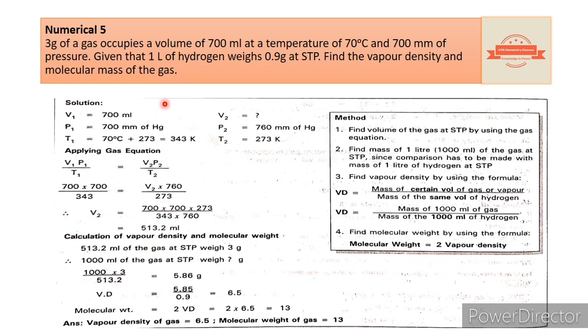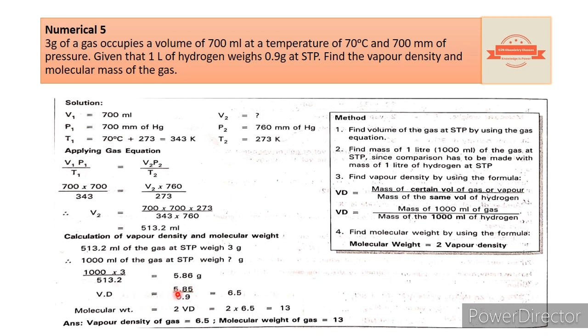Now 1 liter of the hydrogen has a mass 0.9 gram at STP. Then the volume is 1 liter of hydrogen, and here also the gas volume is 1 liter. So we now apply the formula of vapor density, mass of a certain volume of the gas by mass of the same volume of hydrogen, that is 1 liter volume.